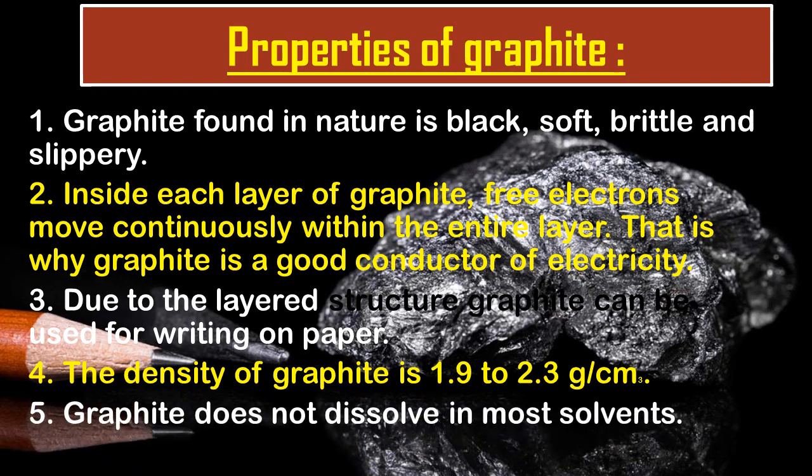The last property is that graphite does not dissolve in most solvents. What is a solvent? It is a liquid in which other substances dissolve to form a mixture or solution. So graphite does not dissolve in most solvents.